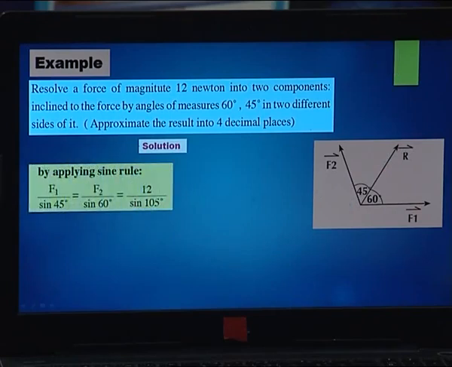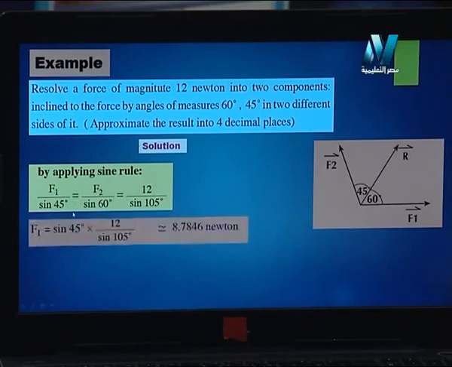Yes, we will apply this rule. F1 over sine theta 2, which is 45, equals F2 over sine 60, equals R, which is 12, over sine the sum. The sum of 45 and 60 is 105. And we will apply cross multiplication.